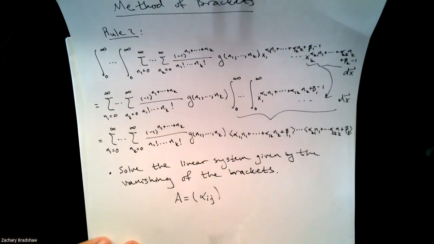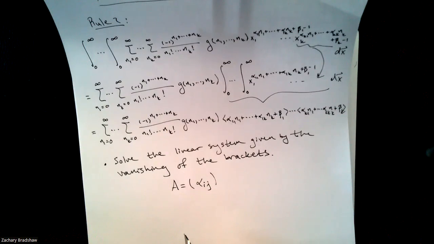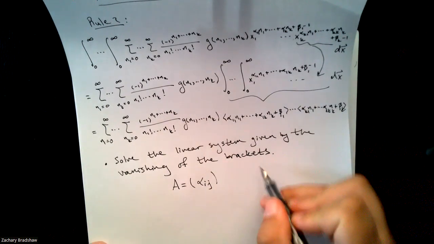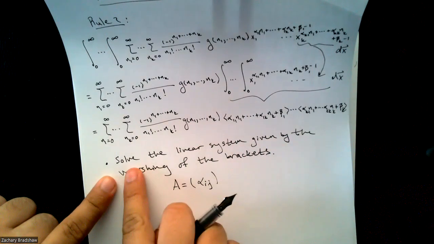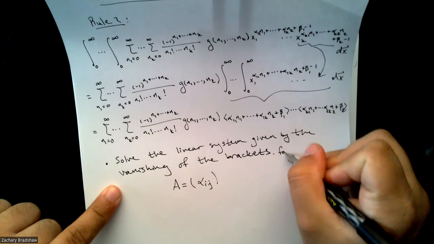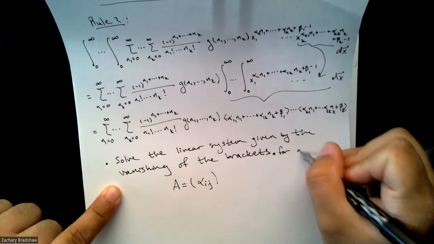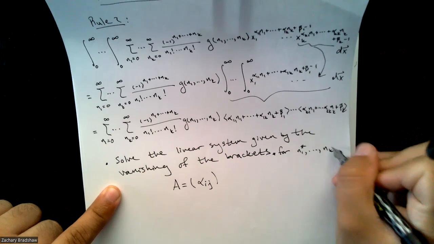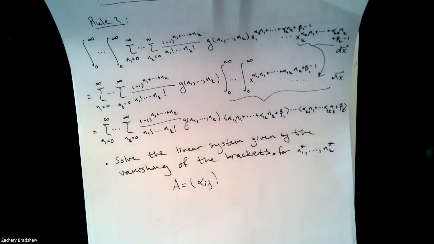In fact, the method of brackets tells us that once we solve the linear system, so let me make an addendum here, solve the linear system given by the vanishing of the brackets for the solutions n1 through nk star. The star just denotes that it's a solution to the vanishing of the linear system.